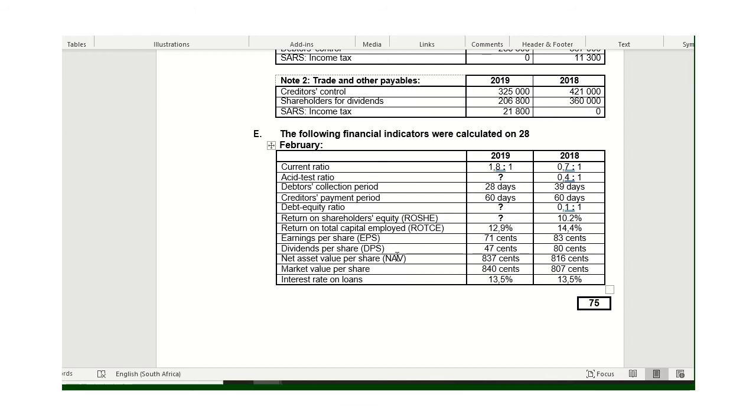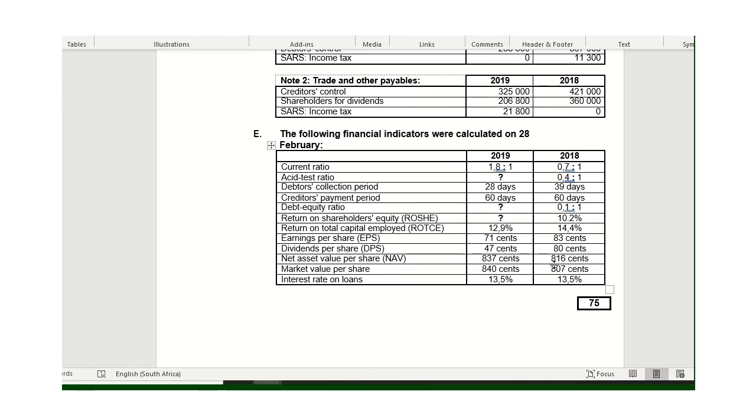First of all, if I look at the net asset value, it increased from 816 to 837,000. So that would be the net asset value per share. So the net asset value went up quite a bit, which means shareholders would feel yes, it is a positive thing. It will generate income in future.